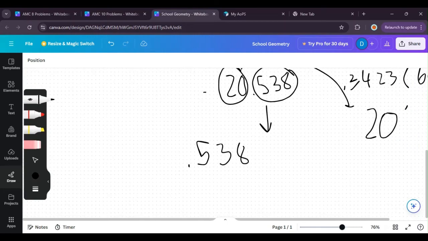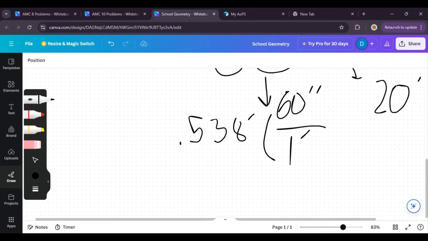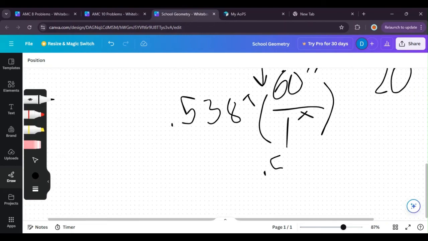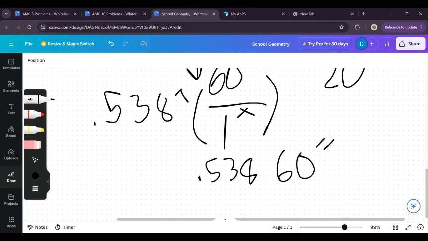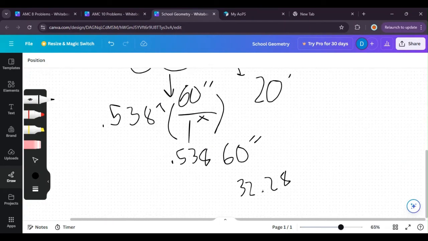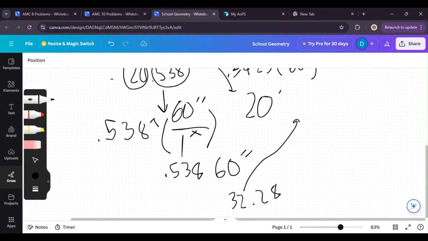So 0.538 minutes times 60 seconds over 1 minute, and we can cancel again, and we get 0.538 times 60 seconds, and I believe that comes out to be 32.28, something like that. And once again, we have 32 seconds.